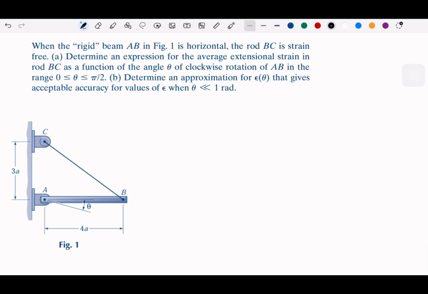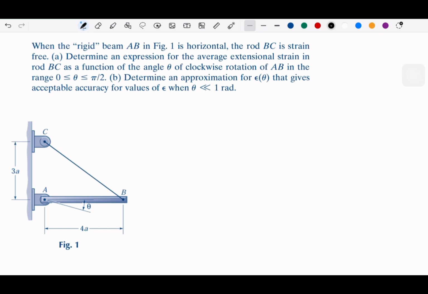So let's see here. We have this angle, which determines the rotation of AB. So AB can rotate, and the range of rotation is from 0 to pi over 2. This arc here means only the first quadrant.